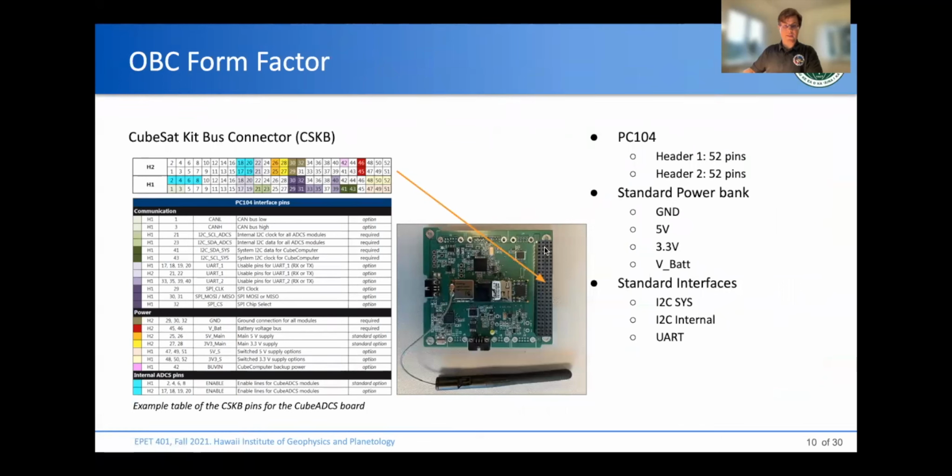So this form factor also means that there is a standard connector that interconnects these boards. So you don't have to worry too much about, if I plug these two boards together, are they conflicting in terms of power or data?